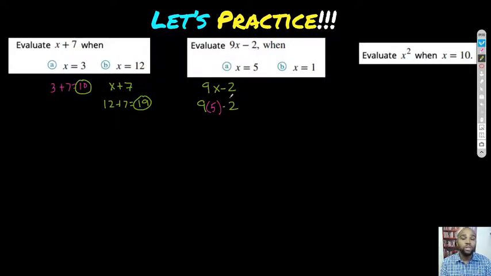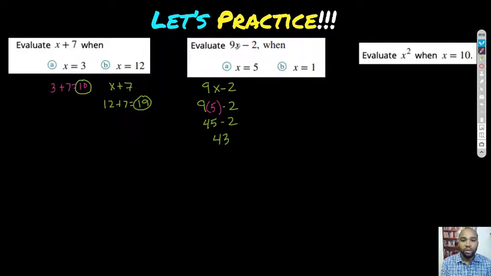Well, we can't, because we literally substituted that x for 5. We said x equals 5, so you could put x there, or you could put 5 there. Well, since x is already there, we decided to replace it with 5 to figure out the value. So let's solve it. 9 times 5 is 45. That's 45 minus 2 now. Well, 45 minus 2 gives us 43.